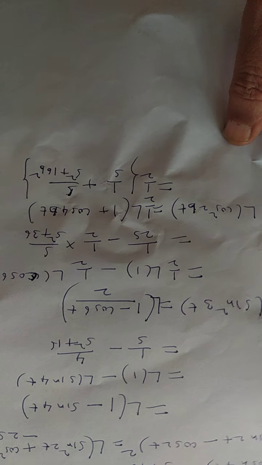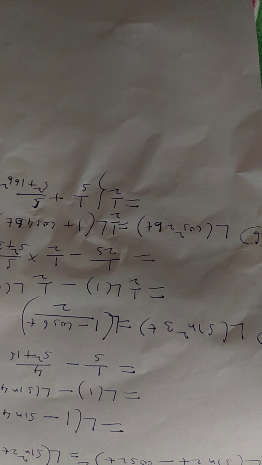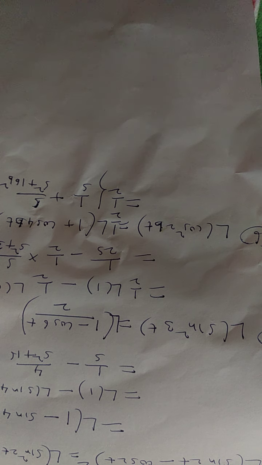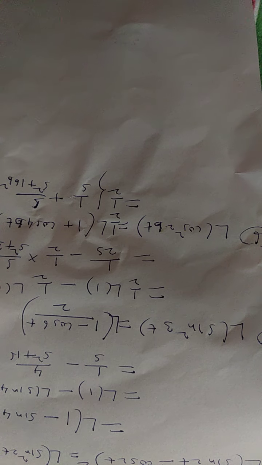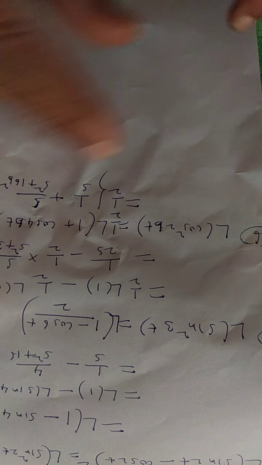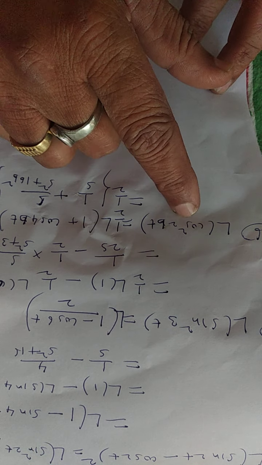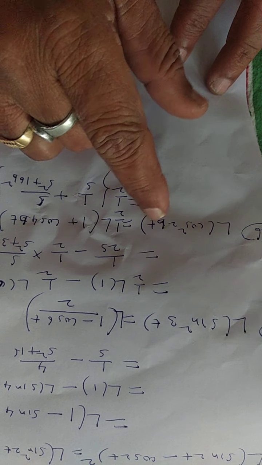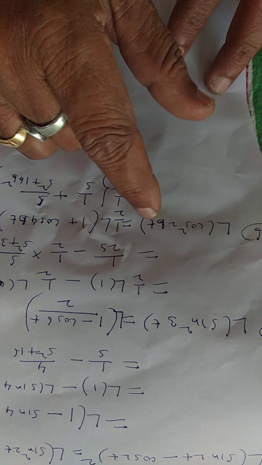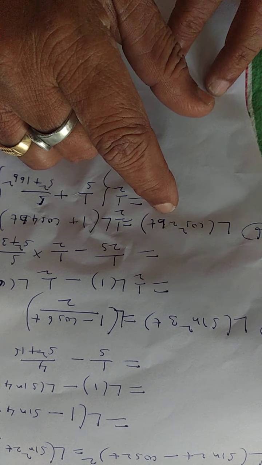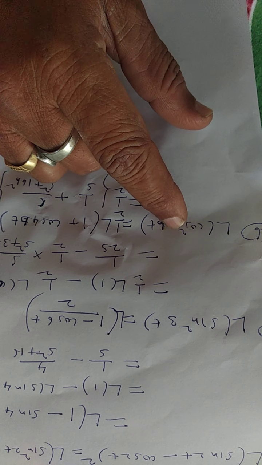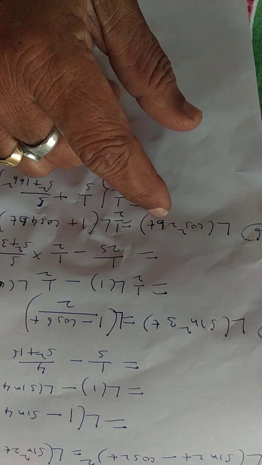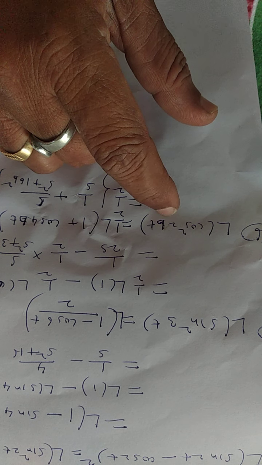So these are the examples which are useful for your exam, and try to solve similar type of examples. Here it is cos square 2bt, you can take cos square 6t, cos square 3pt, like this. Cos square 2pt. You can interchange.